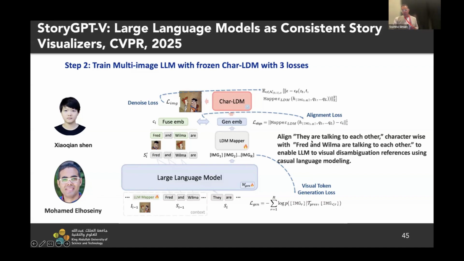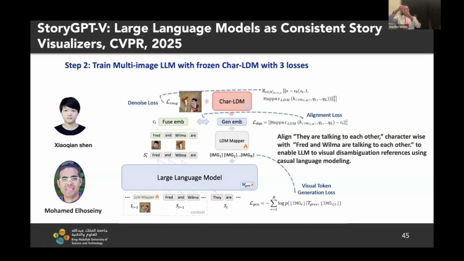The idea of this loss is that when you say, for example, that they are talking to each other, and this refers to Fred and Wilma talking to each other, you want the word they to be disambiguated into Fred and Wilma. And how do we do that? We have the embeddings of the sentence before disambiguation and after disambiguation.